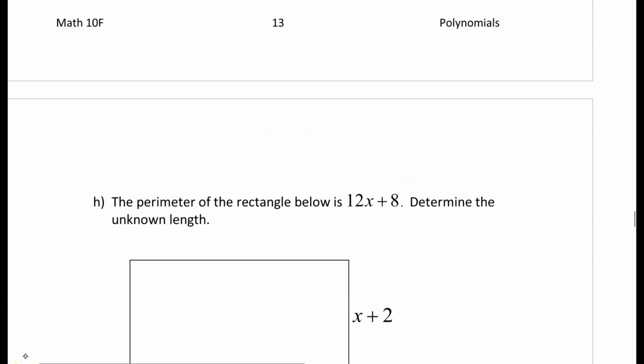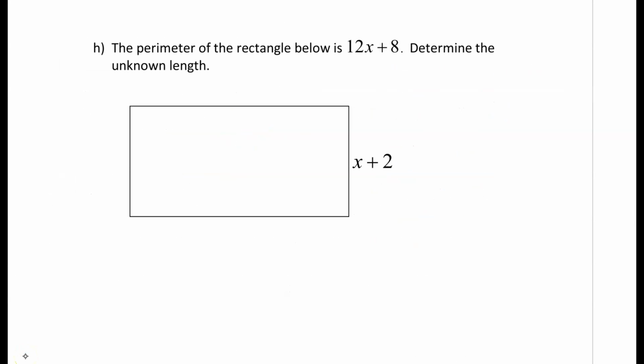We're flipping over to the following page, and we're looking at the perimeter of a rectangle below is 12x plus 8. And we want to determine the unknown length. So if this side is x plus 2, that'll make this side x plus 2.